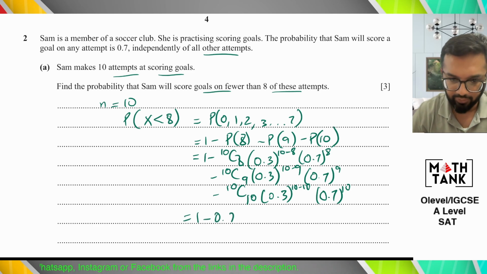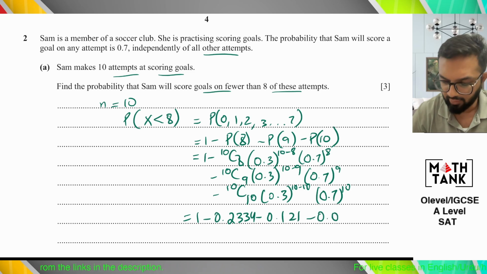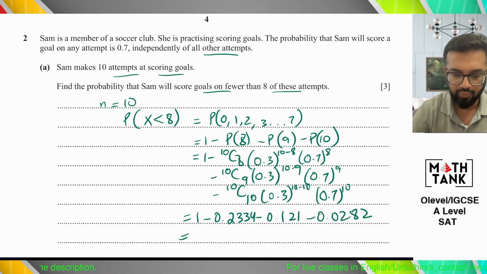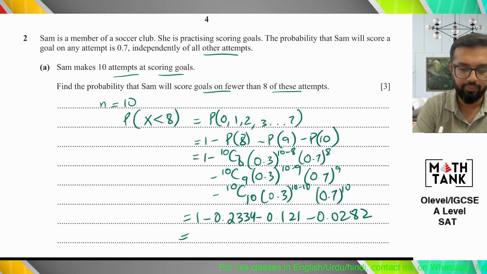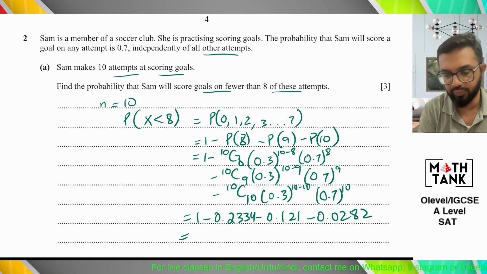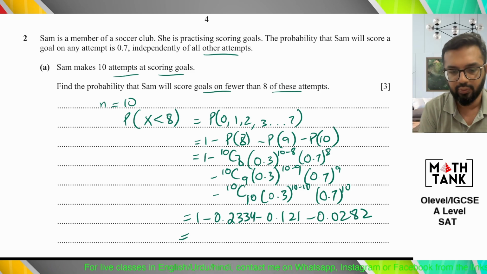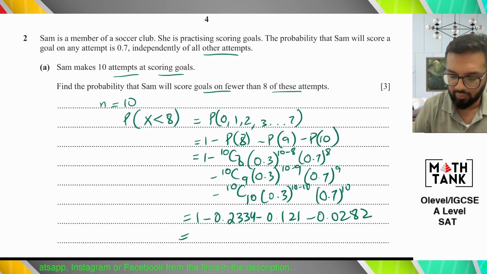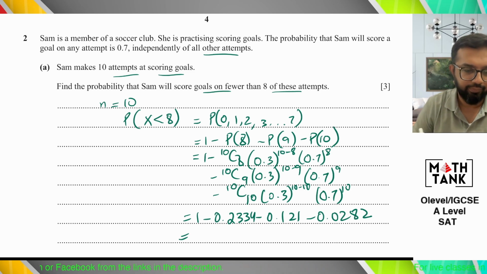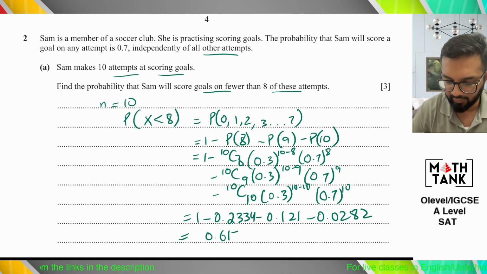So 1 minus 0.2334, plus 0.121, plus 0.0282. So 1 minus 0.3826, which gives 0.617.